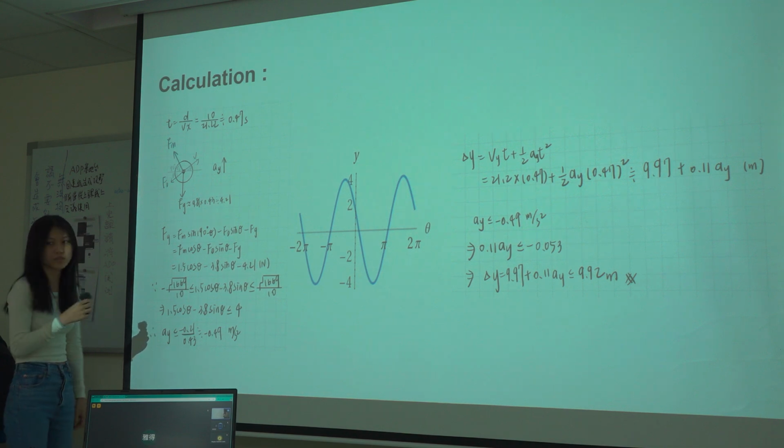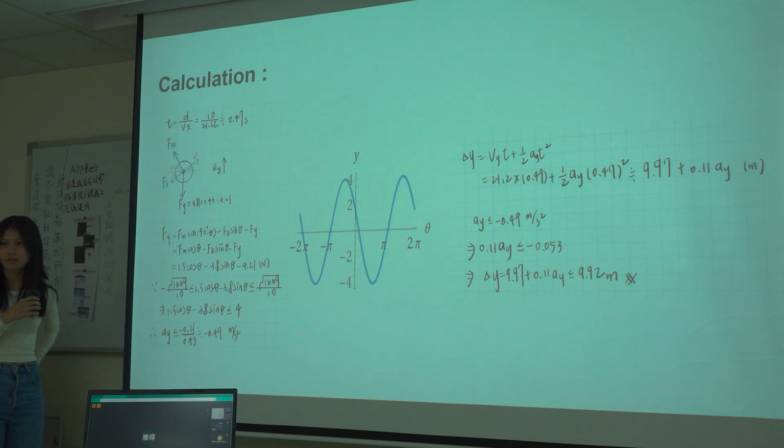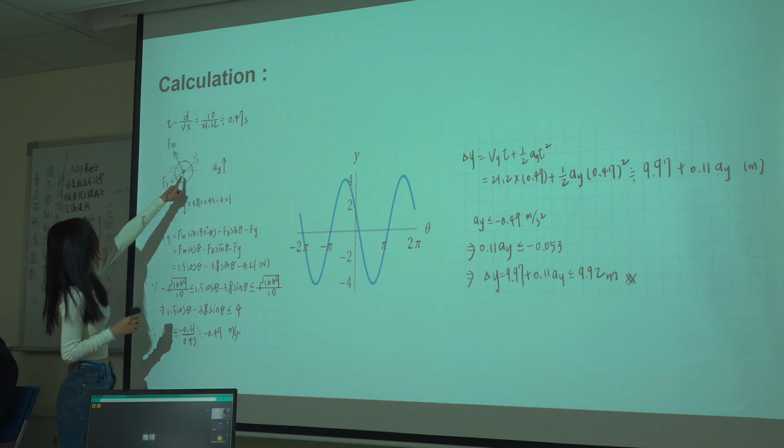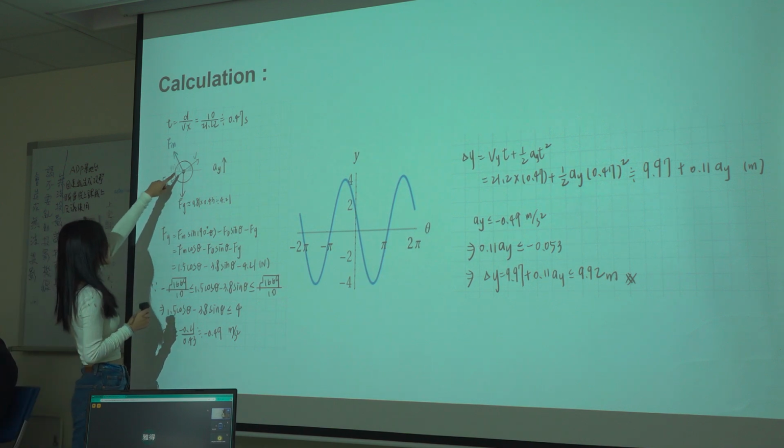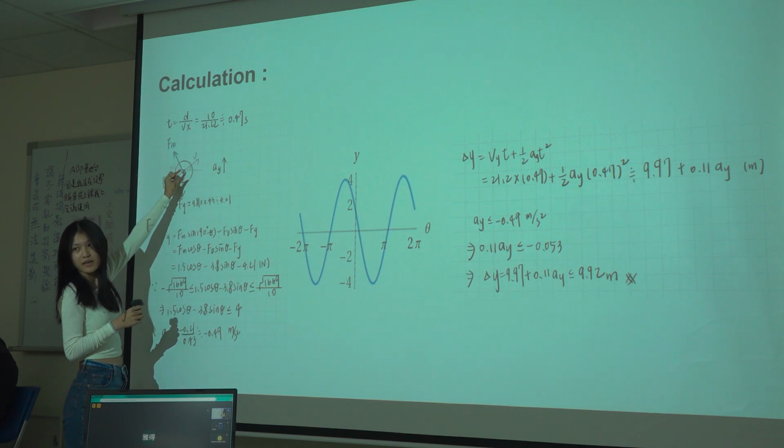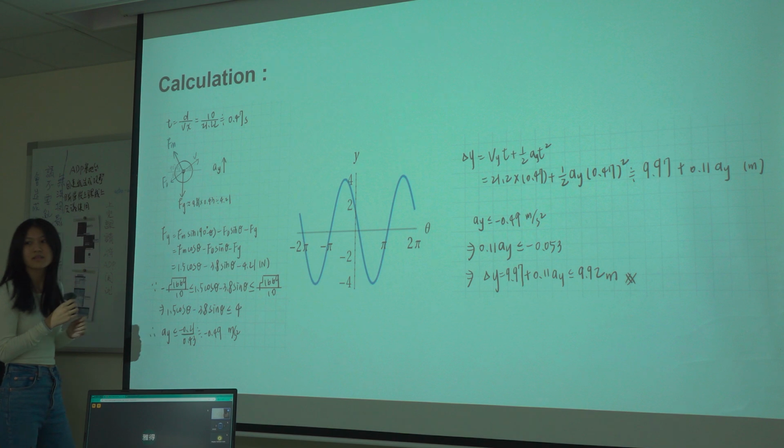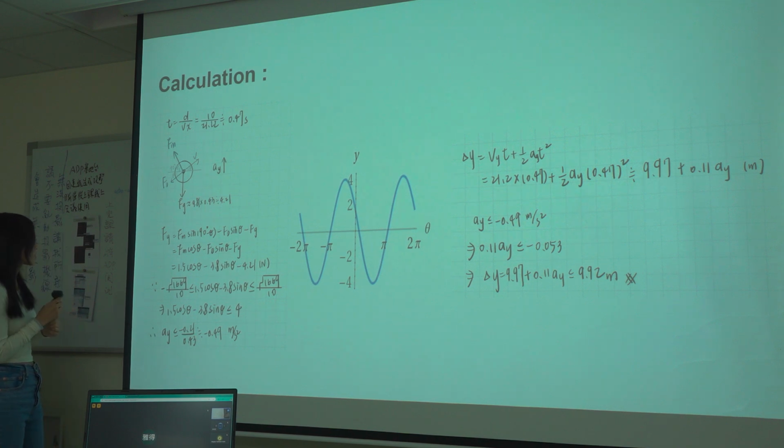What is the theta at that time? Theta is the angle between the velocity and the x-axis. How many degrees?